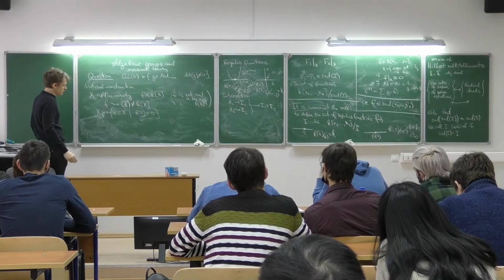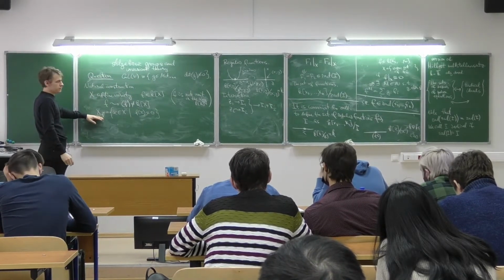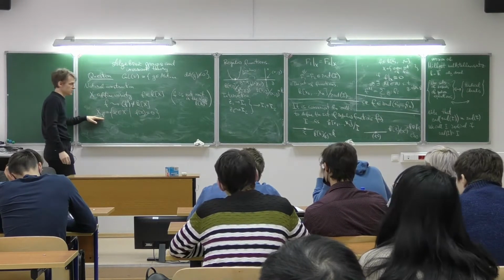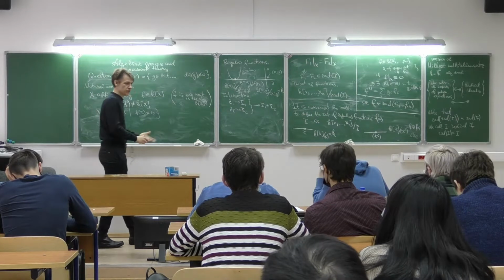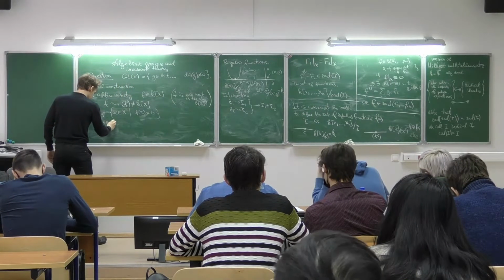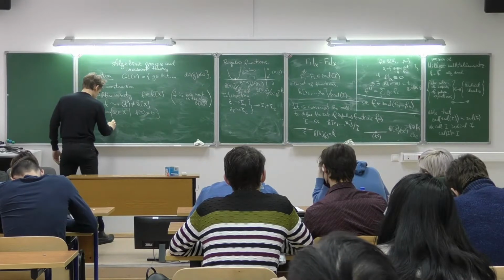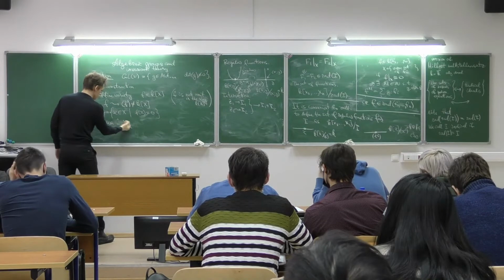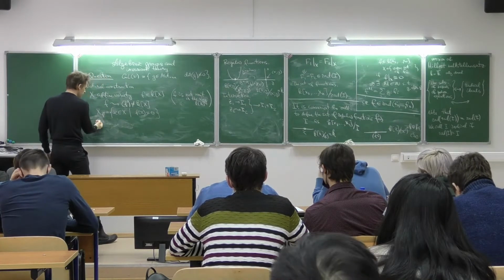So the question is, if x is an affine variety, can we give this subset the structure of an affine variety? So this is a zero set.